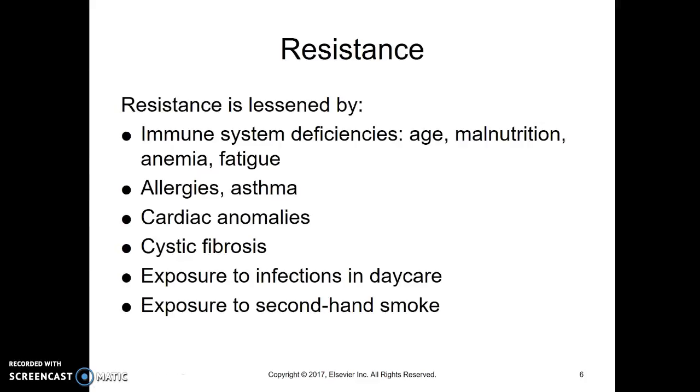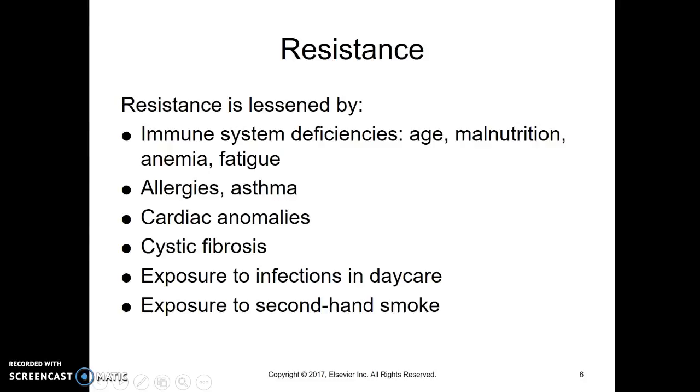They also can have less resistance, be more susceptible, because when you're young, you just have an immature immune system. So their immune system's affected either by age or other things like malnutrition, anemia, fatigue. A child who's never well rested is not going to have as good of an immune system.